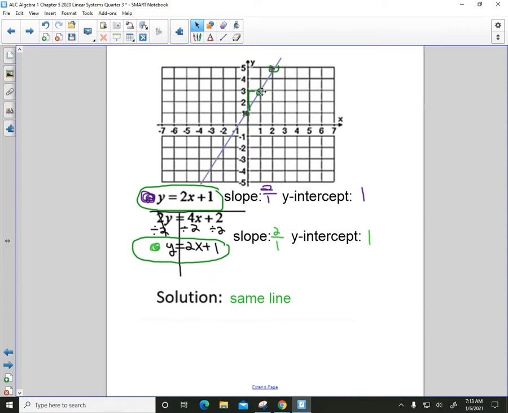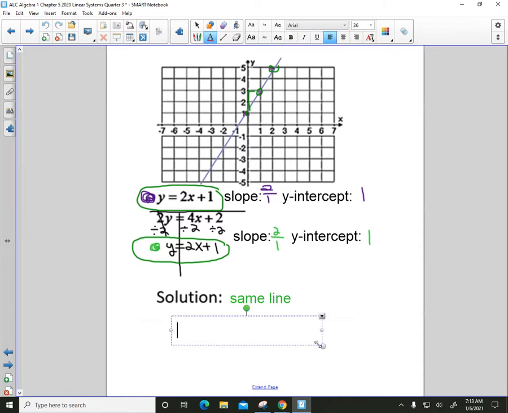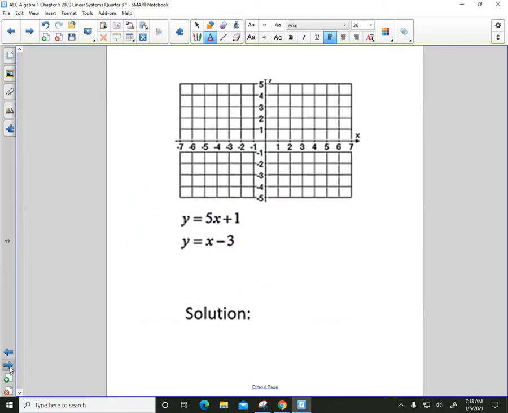The fact is, we actually have an infinite number of solutions. So this is going to happen where sometimes it's the same line and there's an infinite number of solutions. Okay, and then the last situation is the one that we've been working with and practicing.